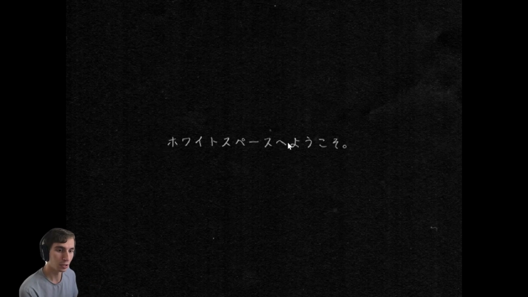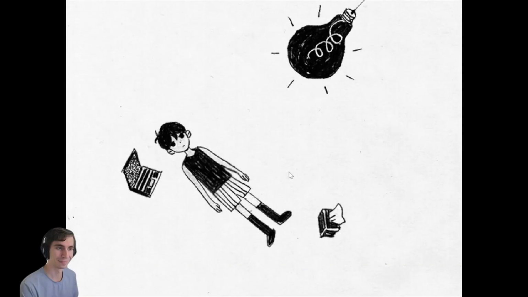White space e. Yokoso. Okay, so white space, and then our location marking particle, and then yokoso means welcome. So welcome to the white space. Ooh, what is the white space? Let's find out.